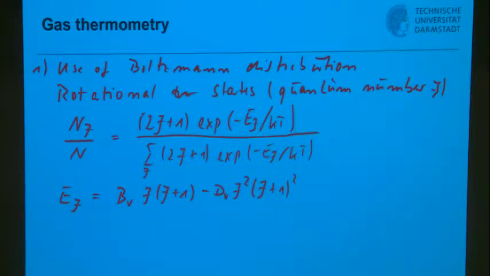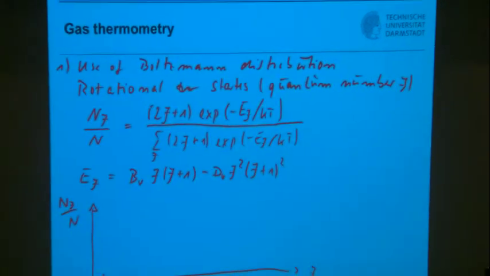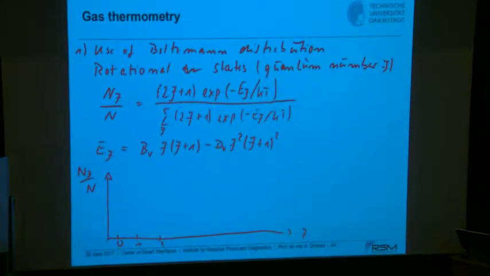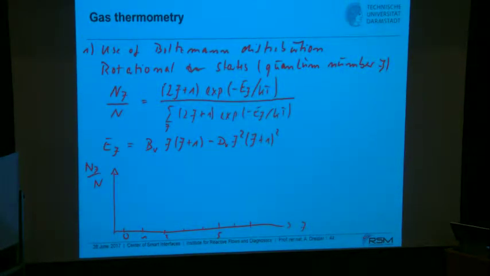For example, I give you here maybe 2 temperatures to illustrate the basic idea. If you plot here the Boltzmann fraction Nj over N over the rotational quantum number J, which is discrete, it's only allowed for values 0, 1, 2, 3, 4, 5, and so on, maybe up to 10 here.